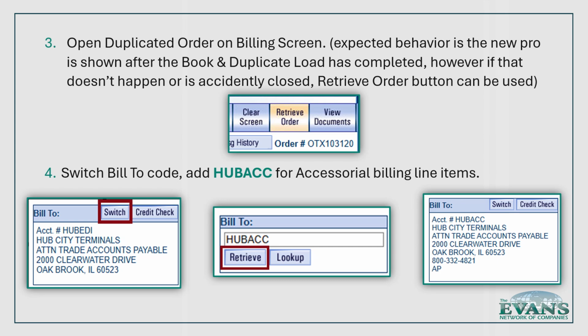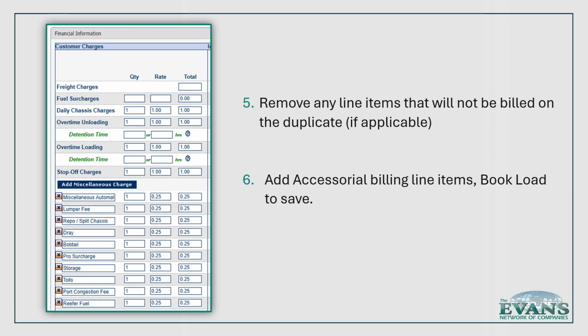Once you've opened the duplicated order on the billing screen, you'll then switch the bill to code and add Hub ACC for accessorial billing line items. You'll remove any line items that won't be billed on the duplicate if applicable. In this case, that would be the freight and fuel charges. You'll add the accessorial billing items, and then you'll book the load to save.